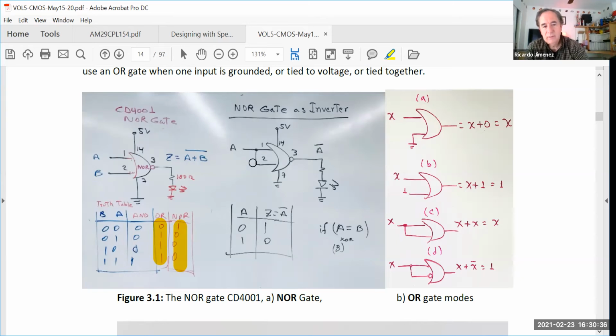If you attach both inputs, you get an inverter. Because when both inputs are zeros, in the NOR gate you have a 1. And when both inputs are 1s, you have a 0 right there. So that's an inverter. And those are the combinations you can make. If you attach this one, x is equal to x.